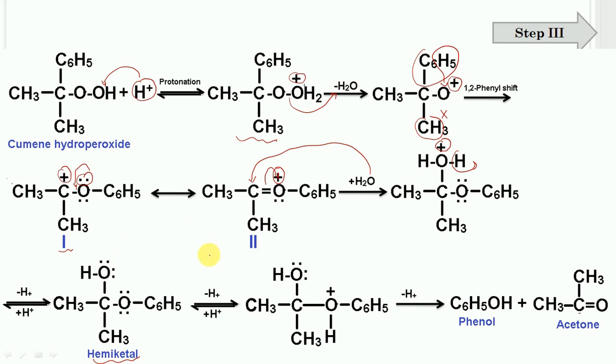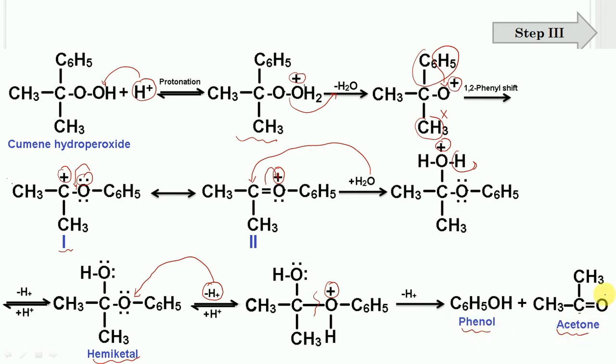In the next step, a proton is added to this hemiketal, and it will give this intermediate having a positive charge on the oxygen. In the last step, this intermediate can finally give rise to phenol and acetone.